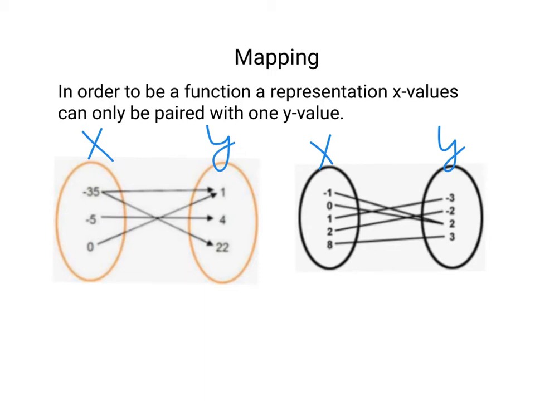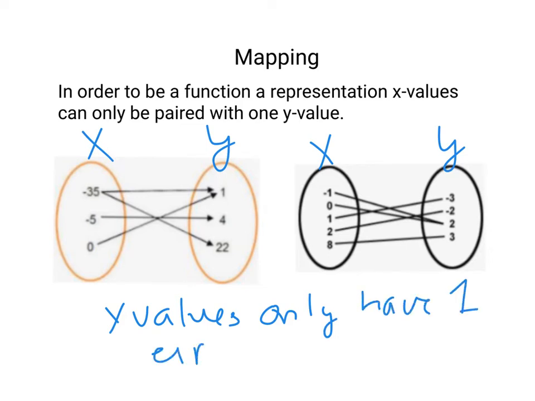With the mapping, what we're looking for is that the x values only have one arrow. If the x values only have one arrow coming out of them, it is a function. Now remember, y values can have as many arrows as they want pointed at them. But what we're looking for are these x values only having one arrow or one line coming out of them.